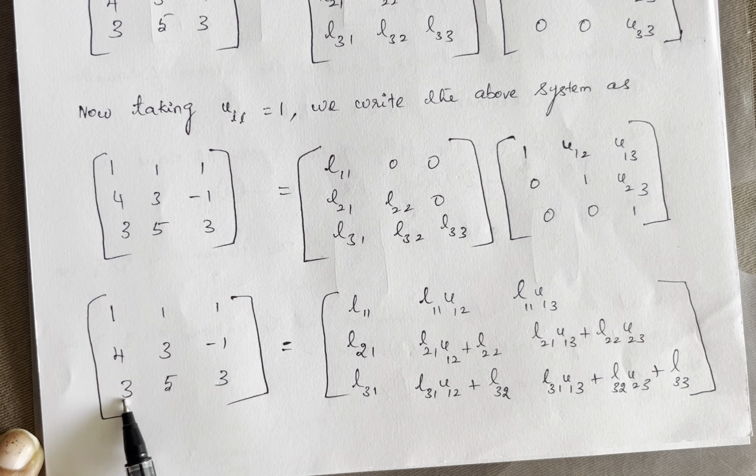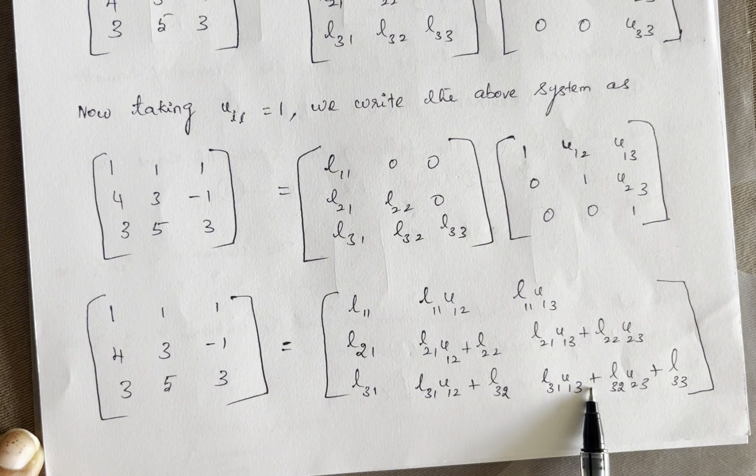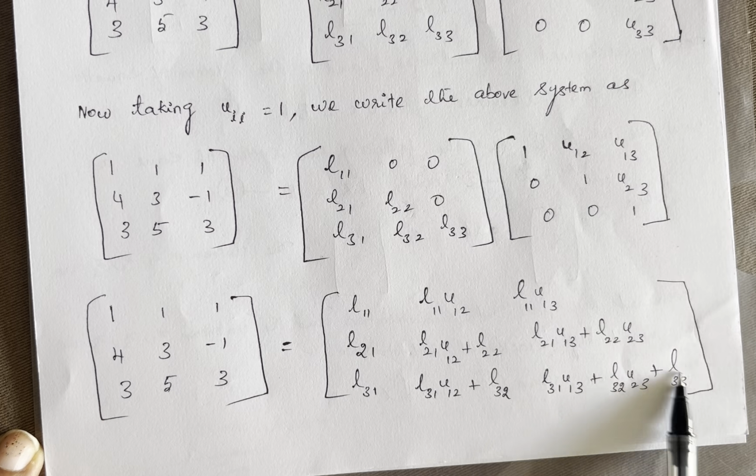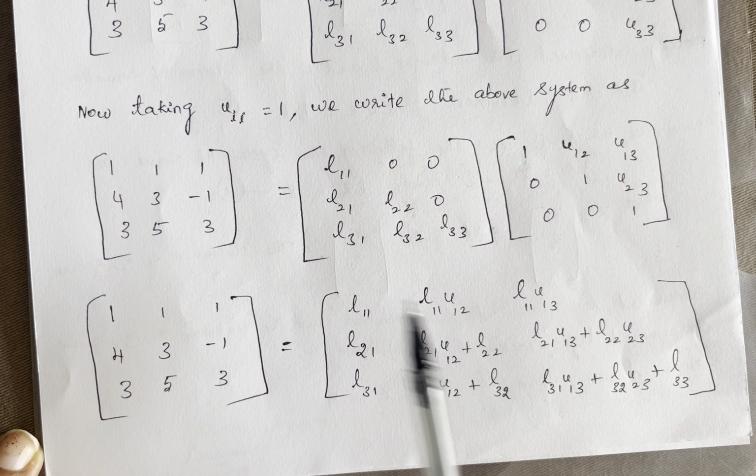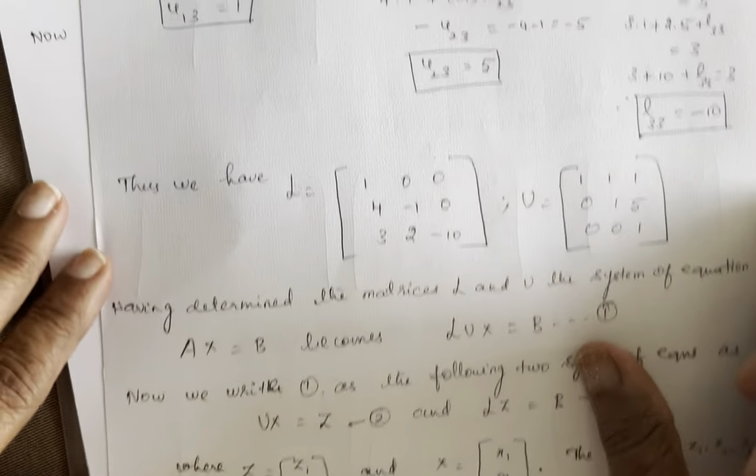L31 is 3, and L31 U12 plus L32 is equal to 5. The last equation is L31 U13 plus L32 U23 plus L33 is equal to 3. By equating these, we will be able to solve for the values of all the Ls and Us.